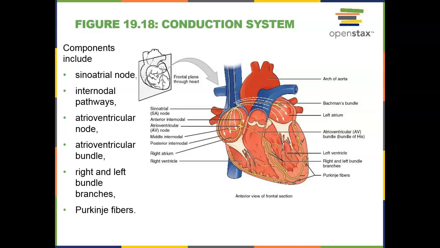From the atrioventricular node, the signal moves down the atrioventricular bundle to the bundle branches. The bundle branches move to the right and the left ventricles, and they end in these little tiny fibers called Purkinje fibers. And so you have an entire conduction of that action potential from the SA node all the way to the Purkinje fibers, and this occurs about every 0.8 seconds.